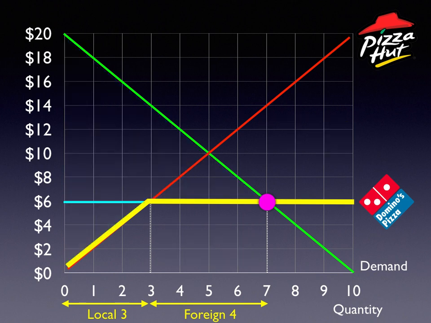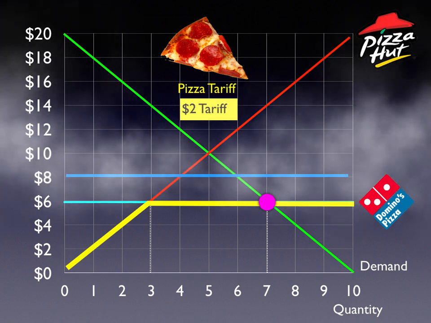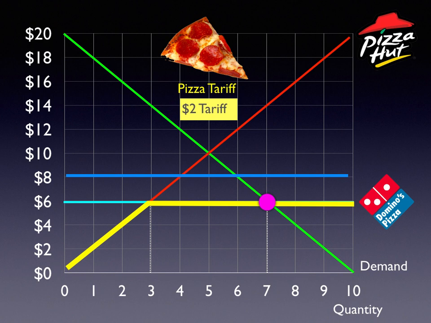So the third scenario would be what if we impose a tariff? And in this case, a tariff would be a $2 tariff. If we plug that in, what would happen? Now the supply curve for the foreign supplier would actually be at $6 plus the $2 tariff. It would be an $8 curve. We would redraw the combined curve, putting the Pizza Hut curve together and the Domino's curve together.